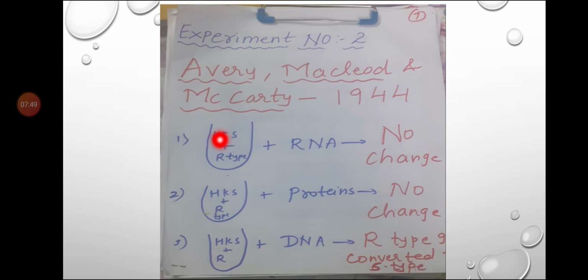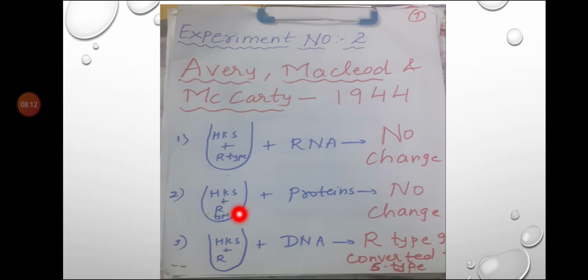This time the experiment was done in a test tube assay. Heat-killed S type was mixed with R type and then it was mixed with RNA. But what was found? There was no change in the test tube. Then heat-killed S type plus R type was mixed with proteins. Again, there was no change found in the test tube.